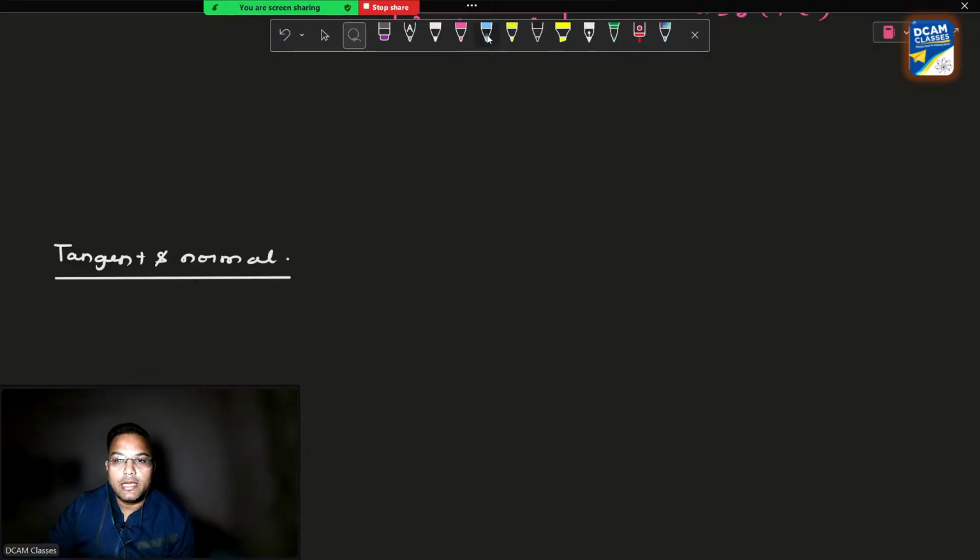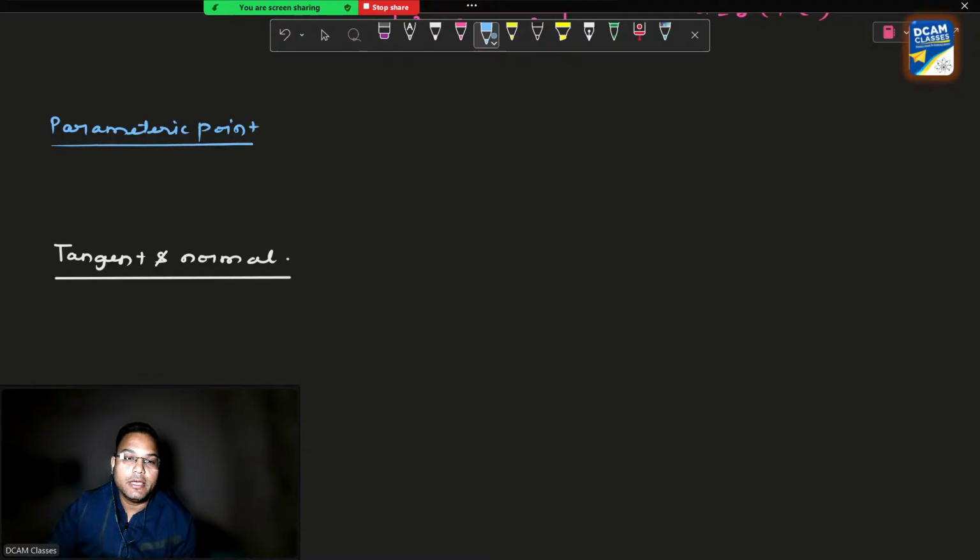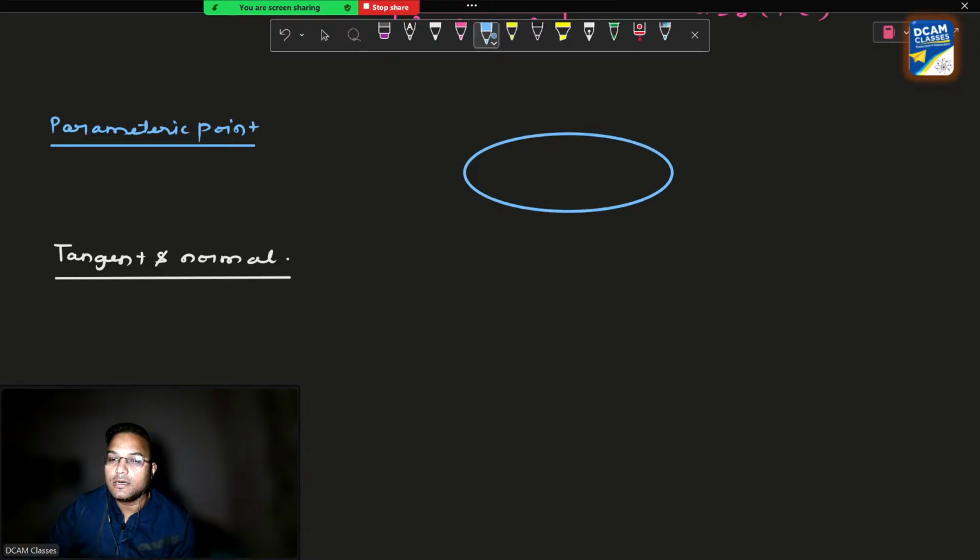Like we used to take a parametric point in parabola, at square comma 2at. Here we can easily take a parametric point on ellipse as a cos theta comma b sin theta.